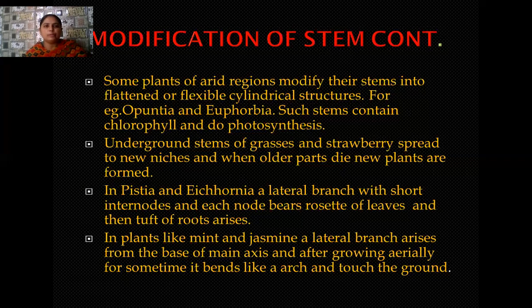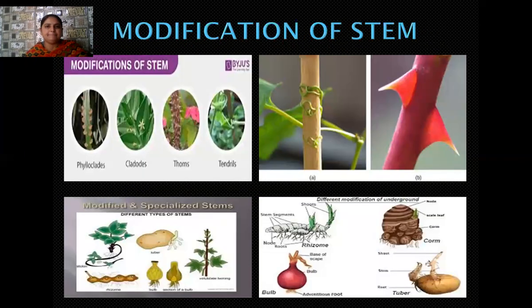Then a tuft of roots arises, and in this way the plant grows again. The branch again grows in a vertical fashion, and again it bends like an arc, with a bunch of roots arising from that bending portion. So in this plant, vegetative propagation takes place by the process of layering.